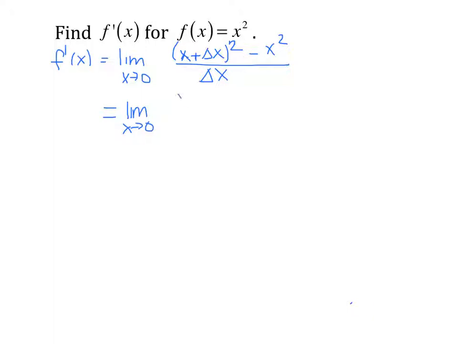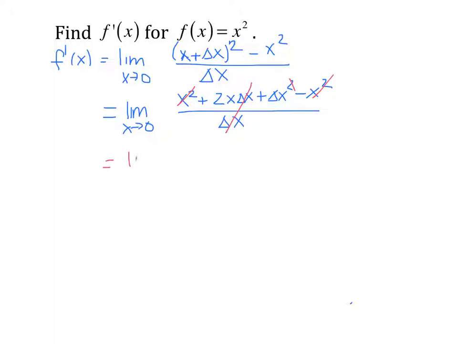When we FOIL this out, we get x squared plus 2x delta x plus delta x squared minus x squared, all over delta x. These x squareds cancel out. Then we're dividing through by delta x, so that cancels, and one of those delta x's cancels.